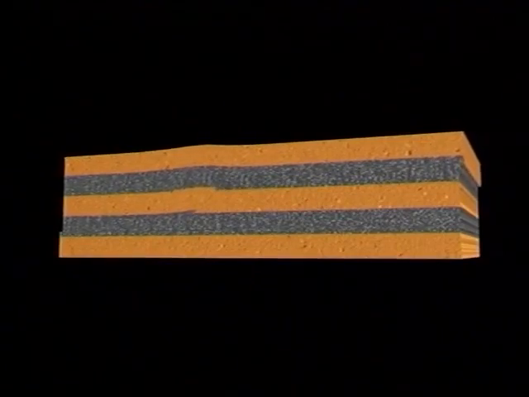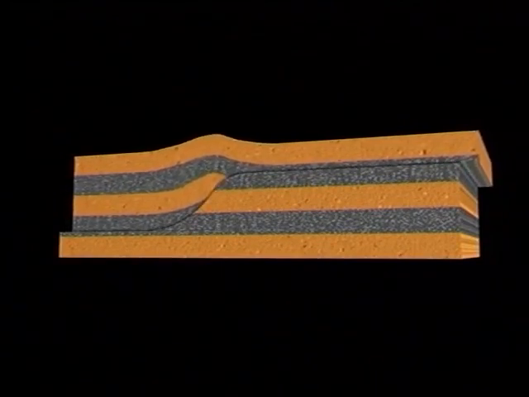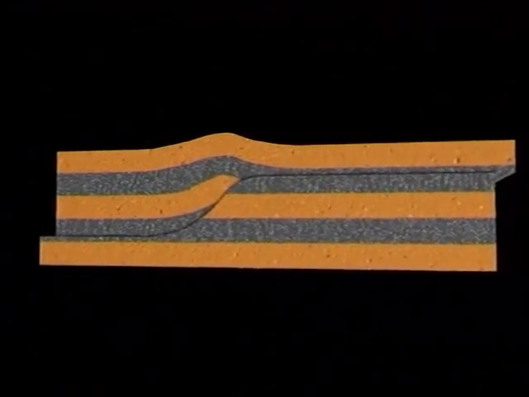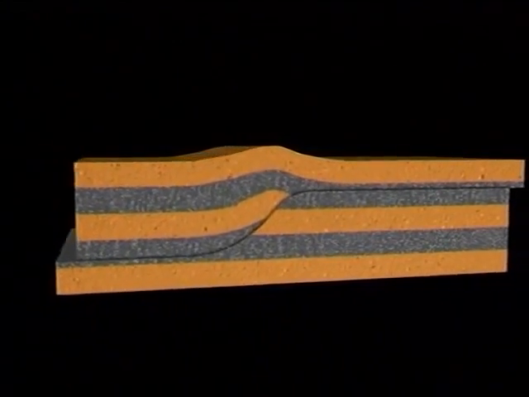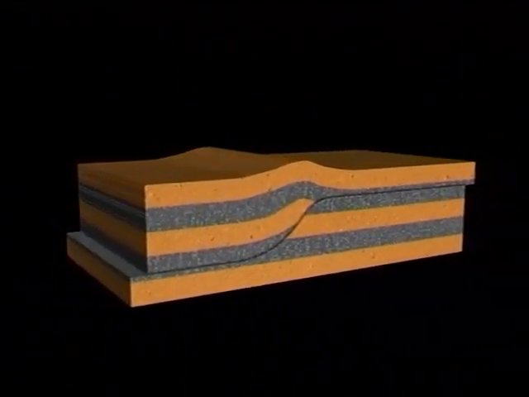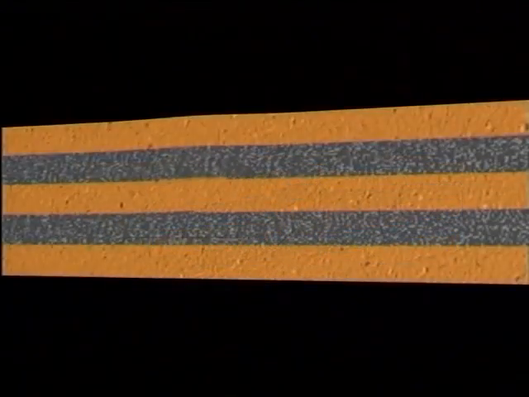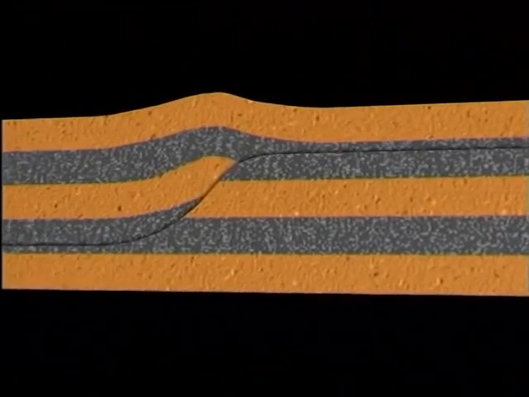Duplexes form at thrust ramps. That's places where the detachment plane steps up from a lower to an upper level. Folds form and beds thicken above the step-up, caused by movement of the fault. Movement direction is shown by the slickensides. The process of vertical thickening and folding eventually reaches a limit where it's mechanically easier to generate a new ramp than it is to continue moving on the old one.